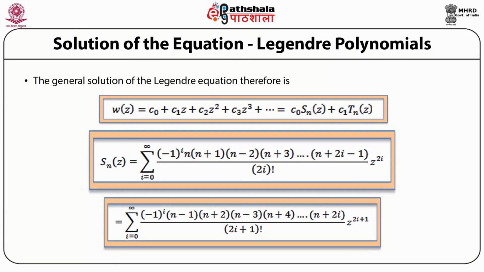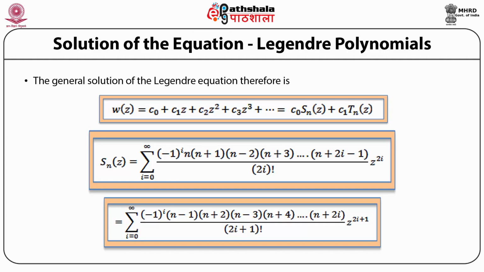The general solution of the Legendre equation can therefore be written as w of z is equal to c0 plus c1z plus c2z square plus c3z cube plus so on.